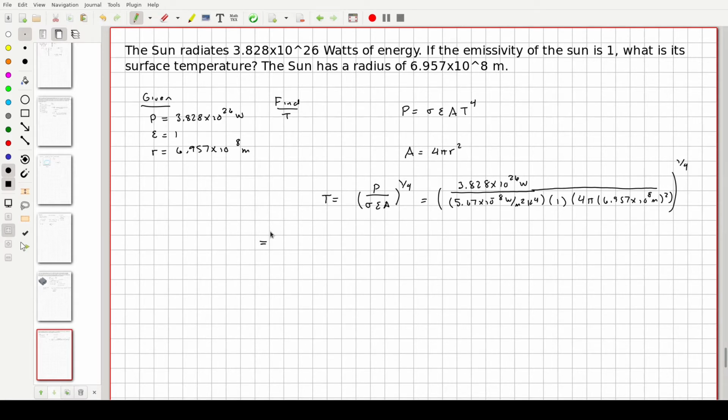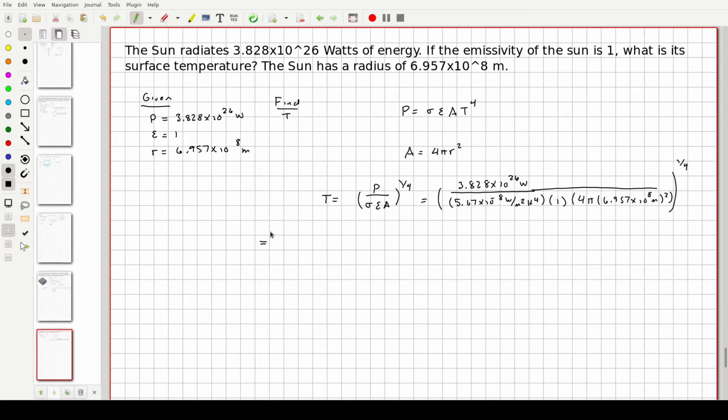So, let's see here. 3.828 times 10 to the 26 power. There we go.